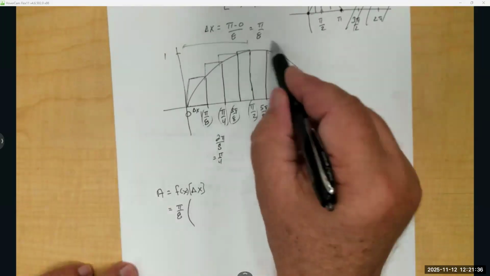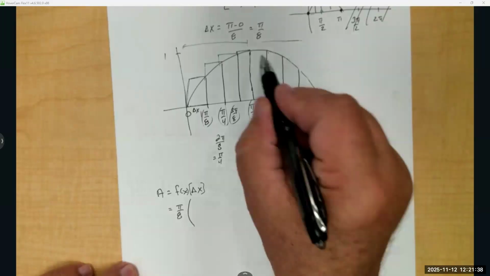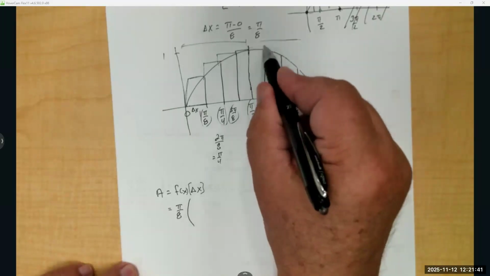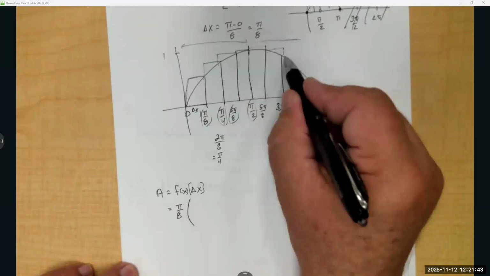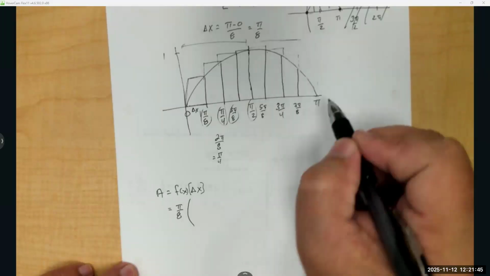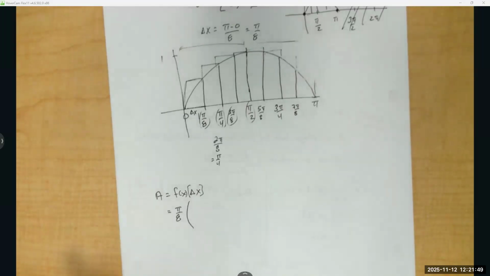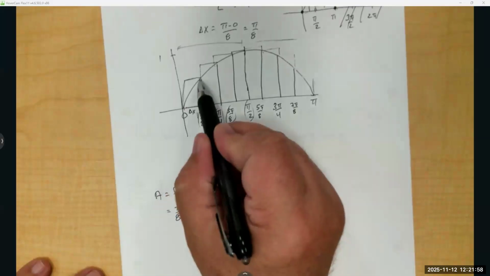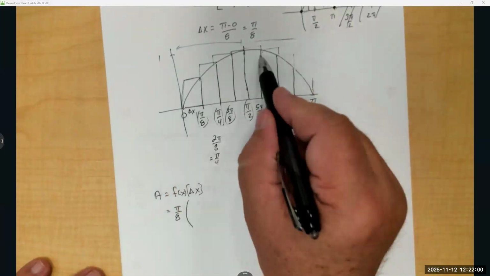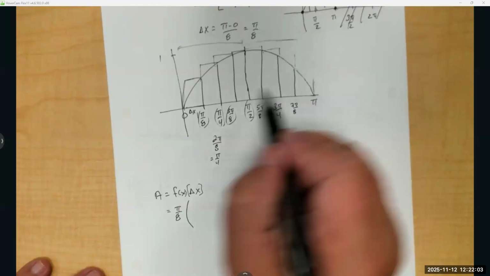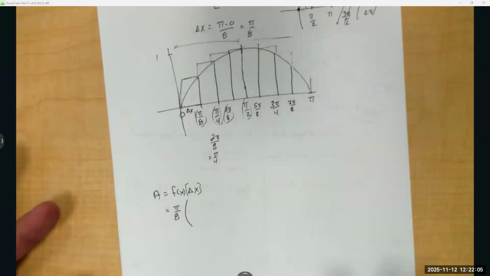What about the other half of the curve? Now we have to use the left point. Follow that? You have to understand what the graph looks like first, because if we just used the lower point or the right endpoint for all of them, then we'd have too much here, not enough here. What would that give us? It wouldn't be a good approximation.